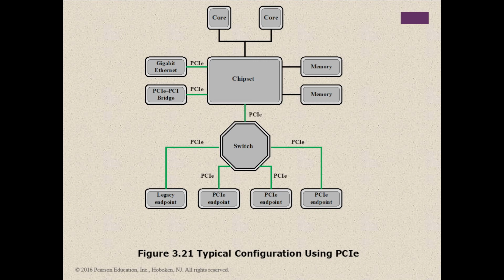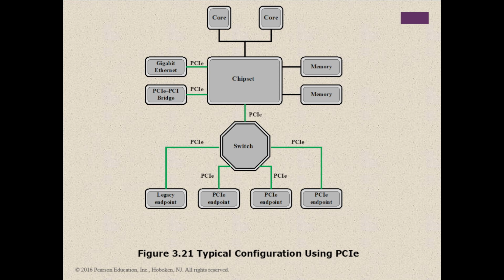The root complex acts as a buffering device to deal with differences in data rates between I/O controllers and memory and processor components. The root complex also translates between PCIe transaction formats and the processor and memory signal and control requirements.